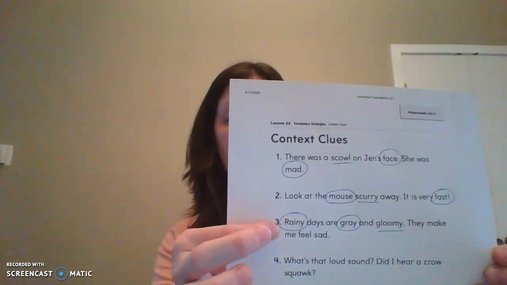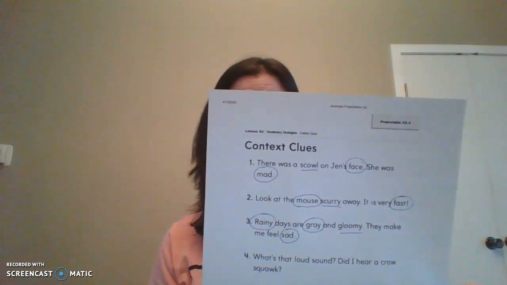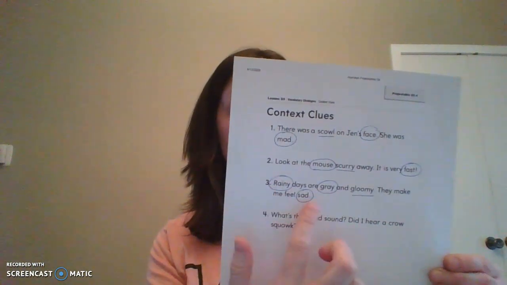So we have rainy and gray circled to help us with gloomy. And then it says they make me feel sad. So sad is a feeling that they get because the day is rainy, gray, and gloomy. So our hints we're going to use to figure out are rainy, gray, sad.